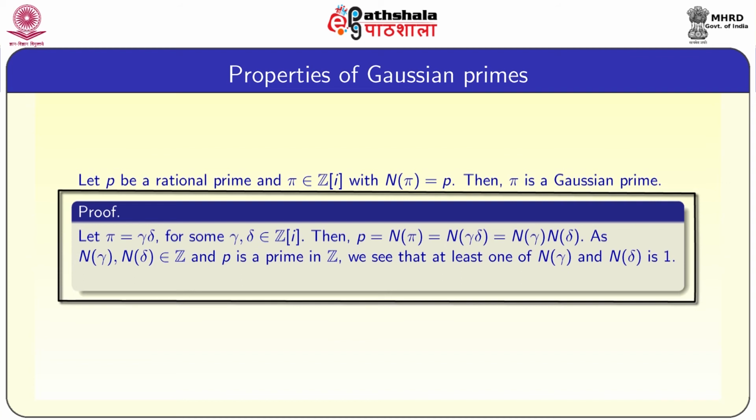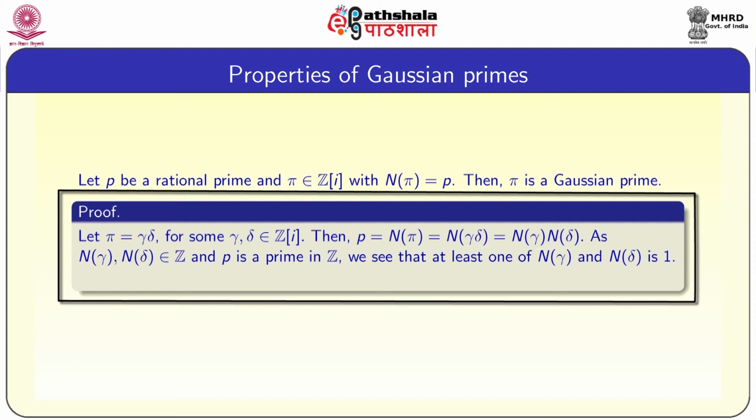Let us assume that pi equals gamma into delta for some gamma, delta belonging to Z[i]. Then p equals norm of pi, which equals norm of gamma into delta, which equals norm of gamma into norm of delta.